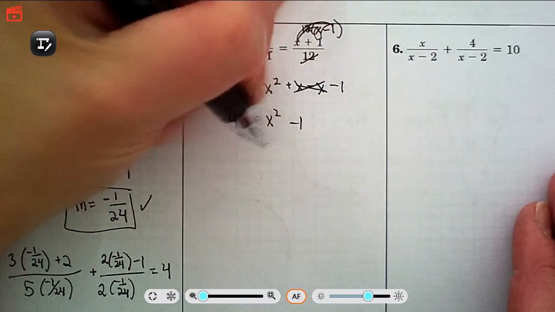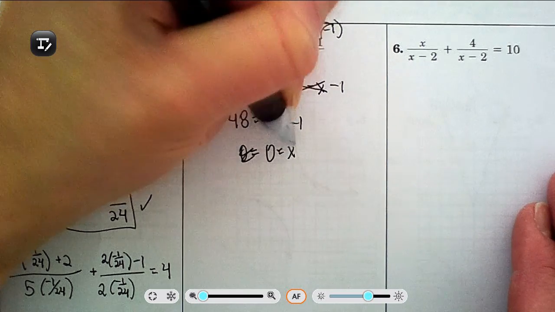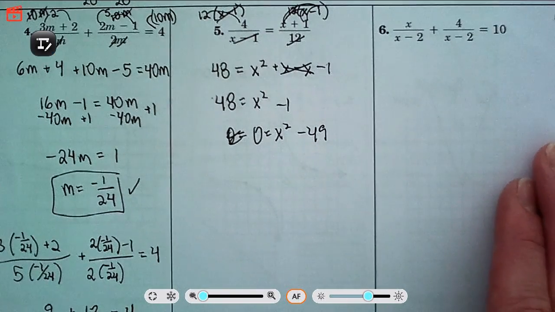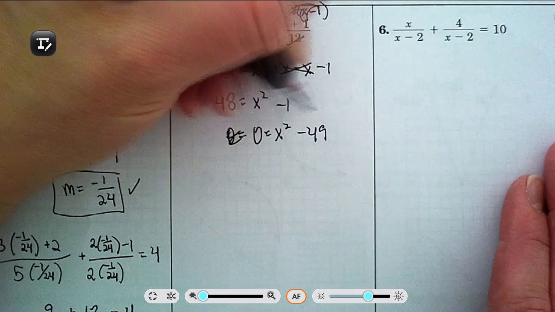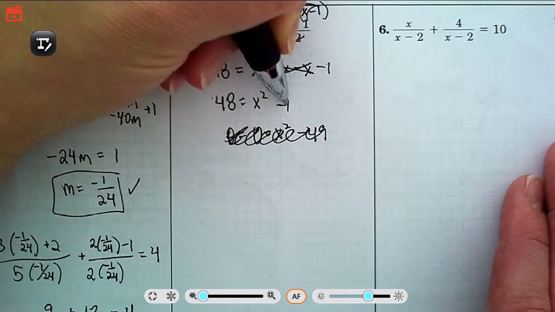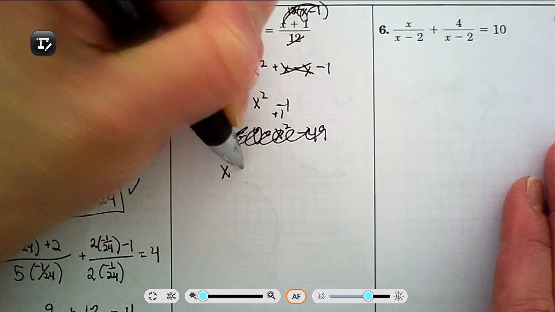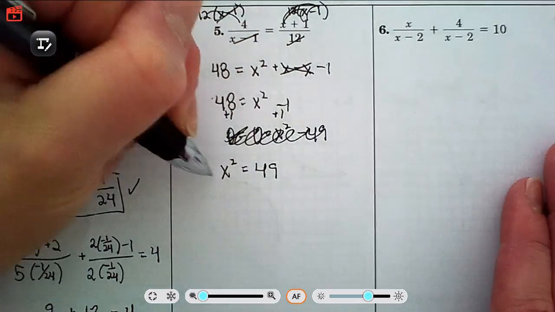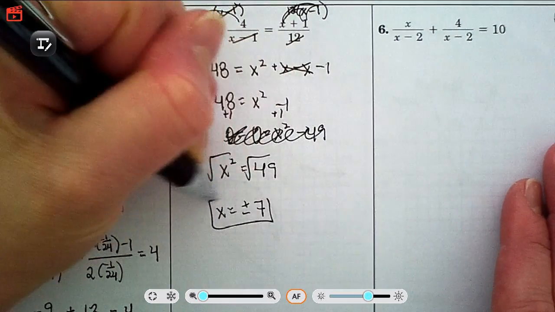Move 48 over, I get x squared minus 49. And I know from doing these a lot of times I'm going to get plus or minus 7. Actually, I should have moved things the other way. Add 1 over, I'm just going to switch this around now, x squared equals 49. Square root both sides, x equals plus or minus 7.